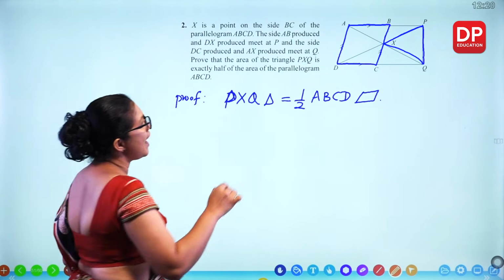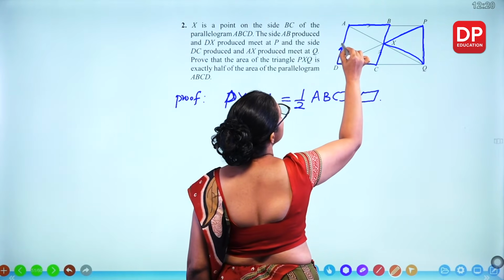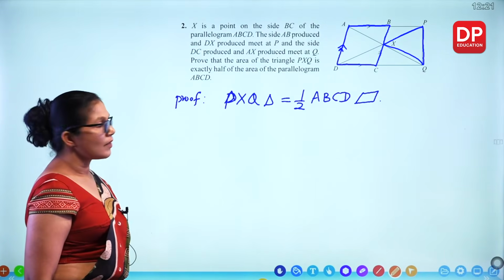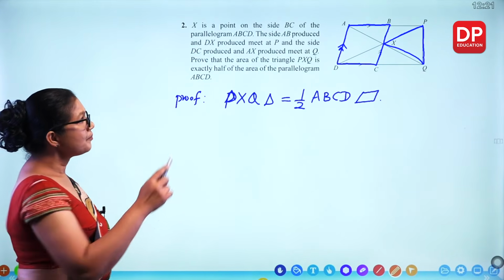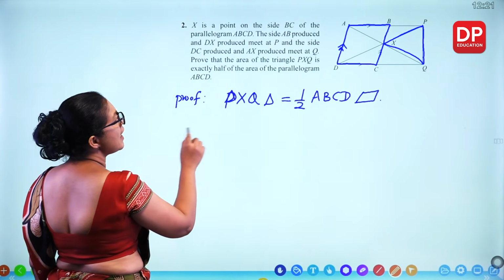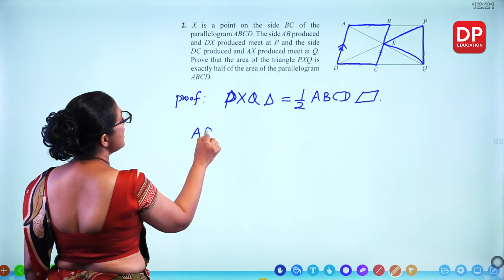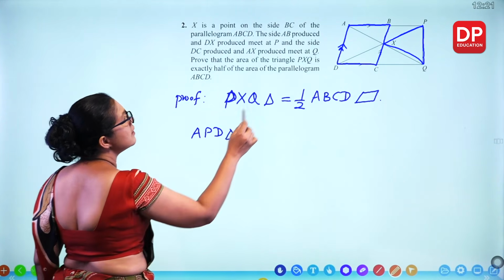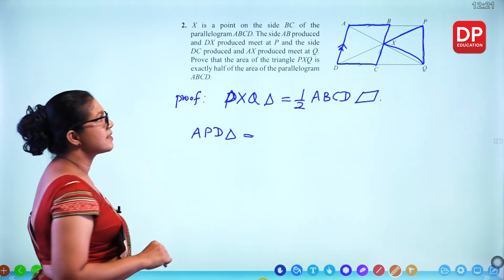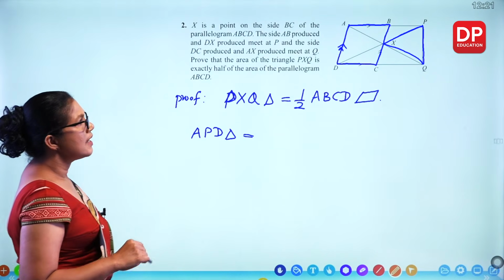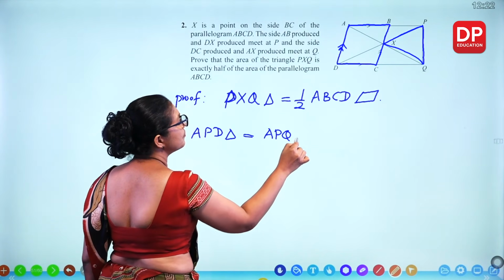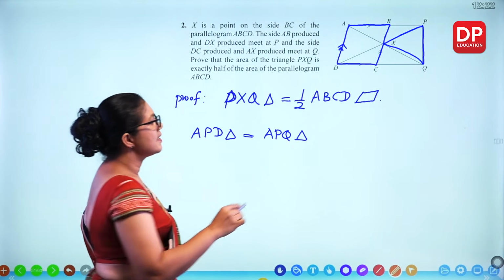When you look at the diagram, we see these two lines are parallel and these two lines are parallel. Now we look at APD triangle. APD triangle is the same as which triangle? APQ triangle. What's the reason?